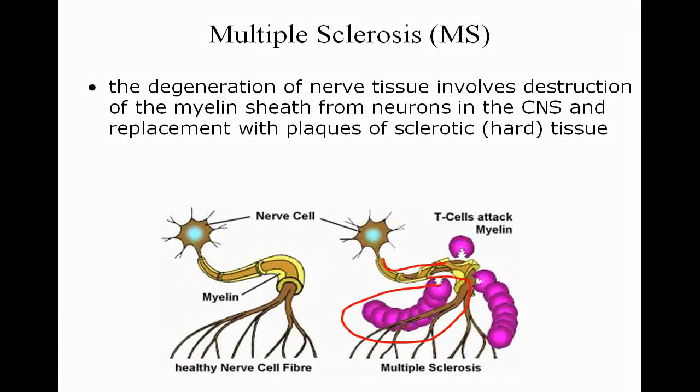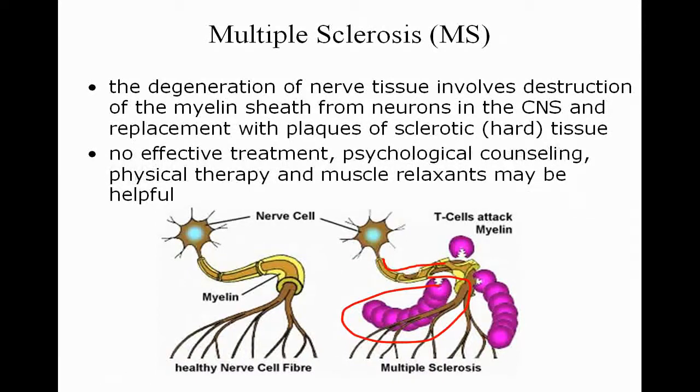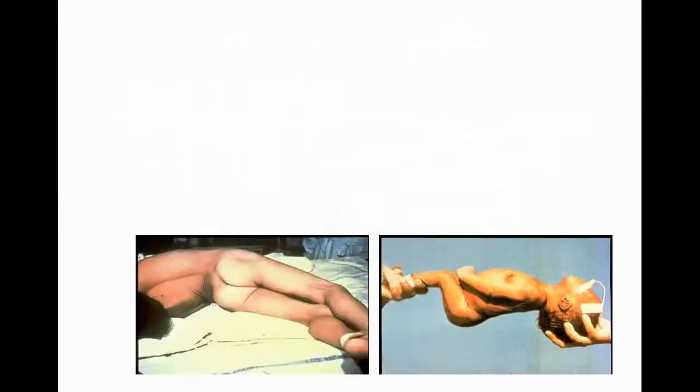The myelin sheath is destroyed and then replaced with hardened tissue, thus the name sclerosis. No effective treatment, there's not a cure, just supportive treatment. Anti-inflammatory drugs are used, psychological counseling and physical therapy to help a person deal with the progressive multiple sclerosis.